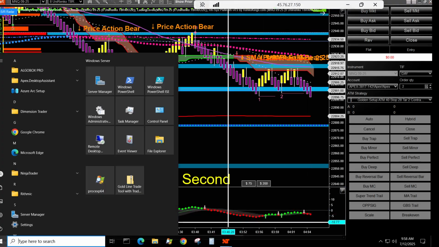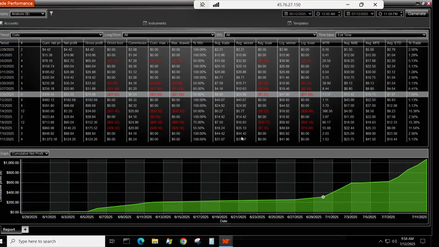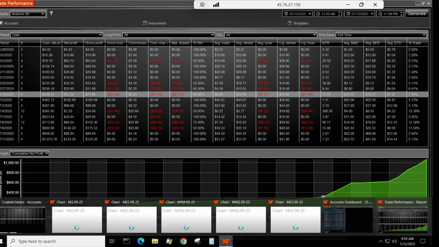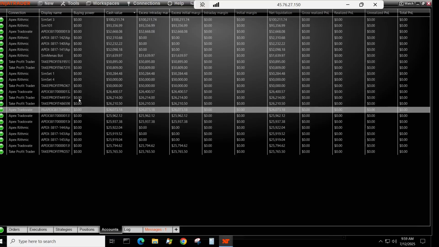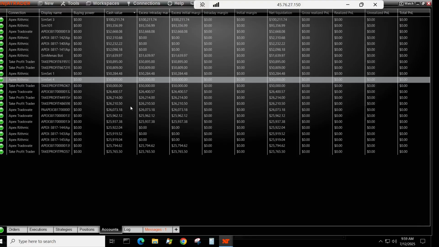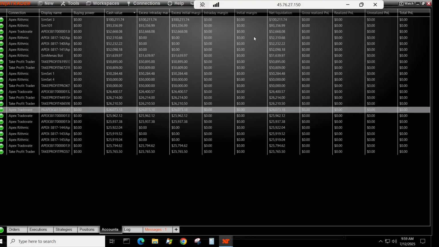So just to pull up what I showed in the last recap, it was the trade performance. This is one of the PAs I'm trading, and the accounts are doing good. I think this is the PA here. This one. It's been trading quite a few days.